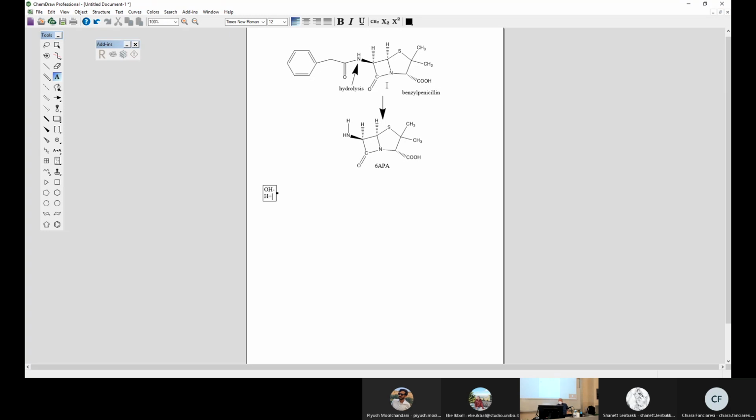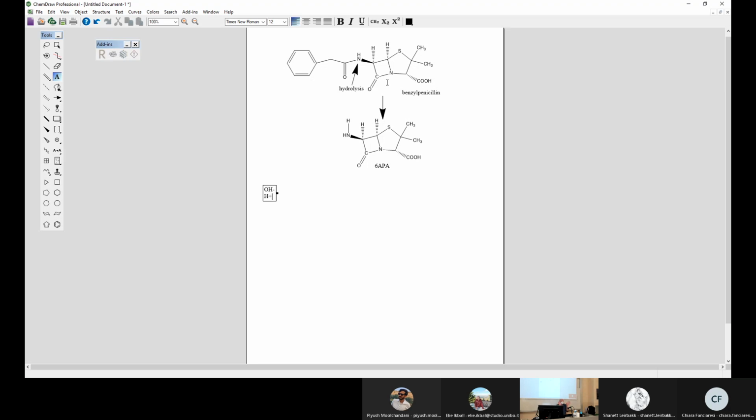And so if we take benzylpenicillin and we treat this compound in basic conditions, the result is to open the beta-lactam ring and also to hydrolyze the other amido function. So we lose the activity of the compound.